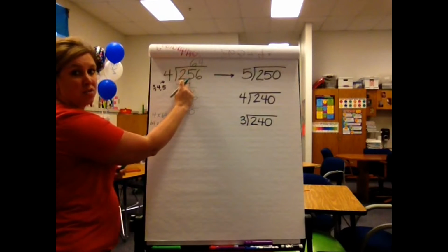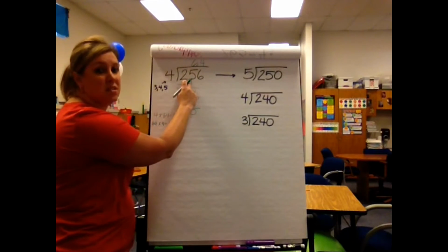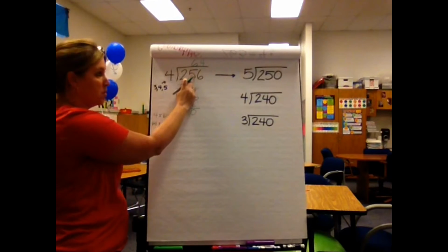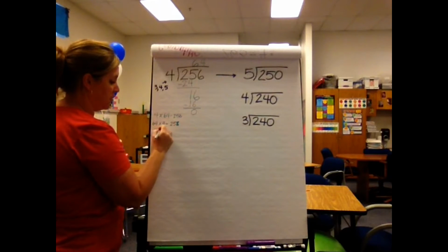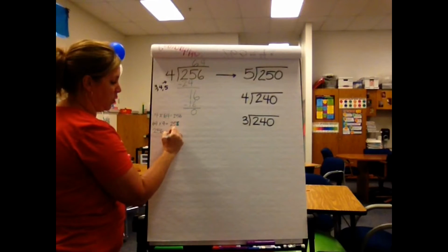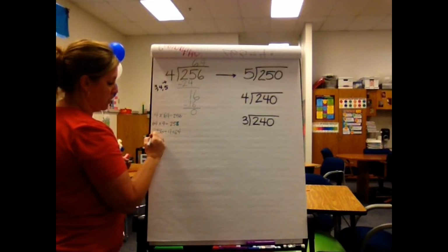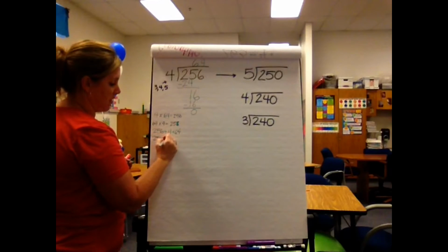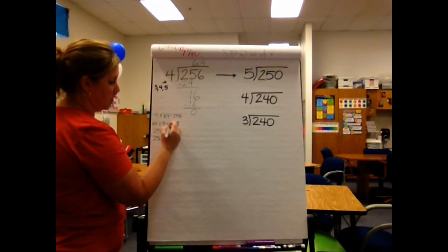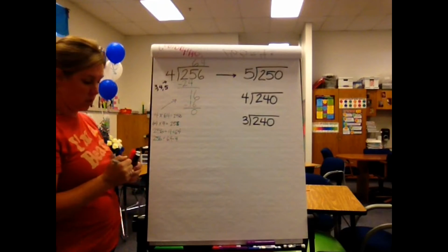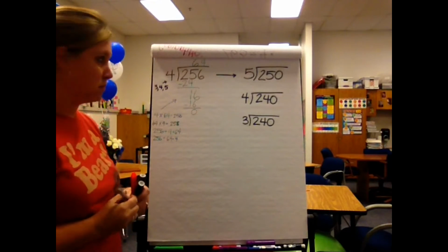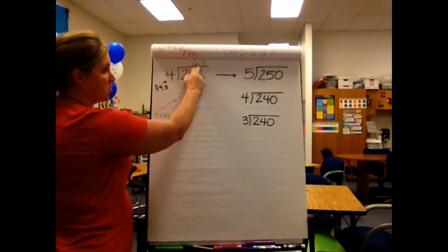Then I could get the inverse. The inverse is a fancy word for saying divide, which is the opposite of multiplying. 256 divided by 4 is 64. 256 divided by 64 is 4. And that only works when I have no remainder. All right, so now I know my answer is 64.